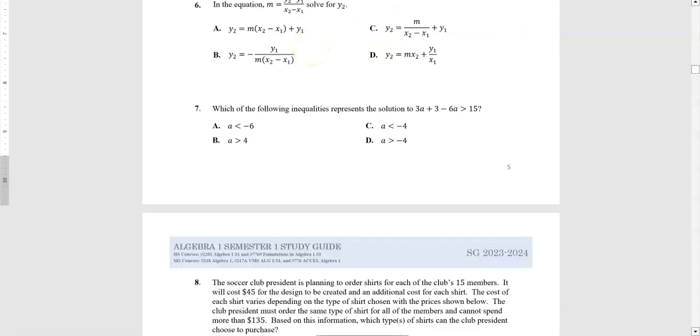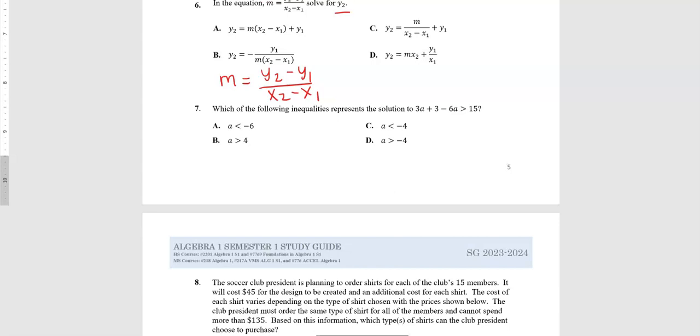Okay, for number 6, we are going to take the slope formula, y2 minus y1 divided by x2 minus x1, and we're going to solve for y2. So we're going to rearrange this equation. I'm going to write out the original equation, and then I'm going to start removing things using the inverse properties to get y2 all by itself.